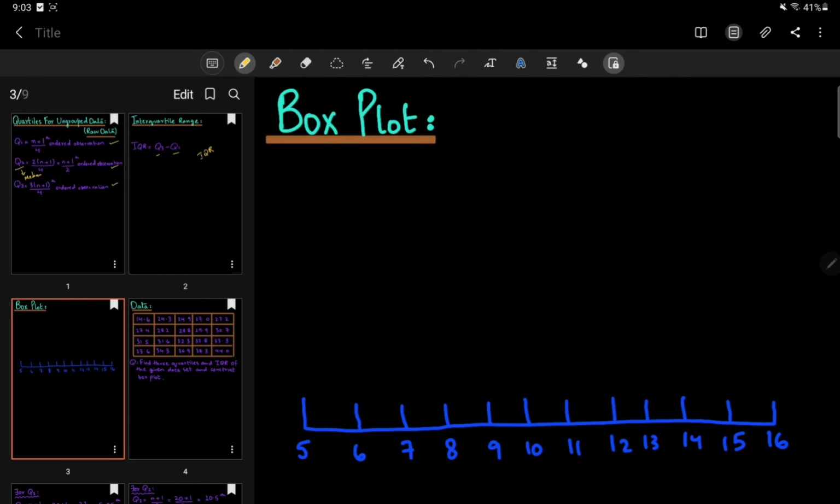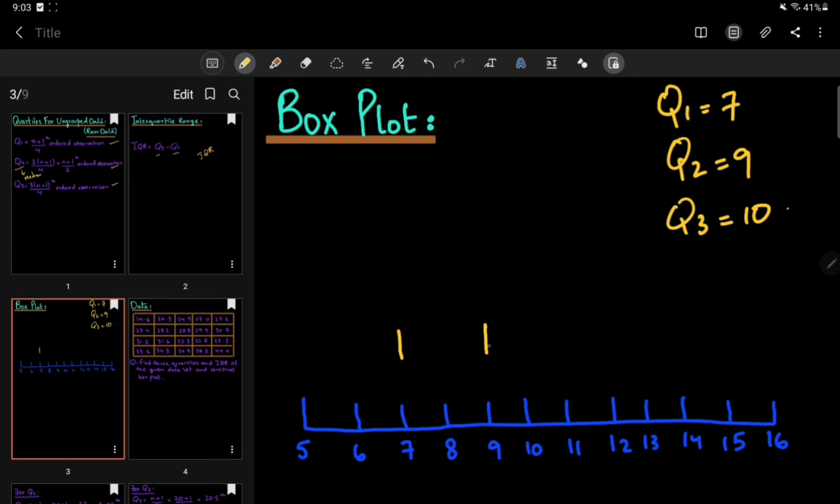So what is a box plot and how can we plot it? It is easy to plot. Let's say we have Q1 is equal to 7, Q2 is equal to 9, and Q3 is equal to 10. Then we just have to mark these, like 7 here, 9 here, and 10 here.